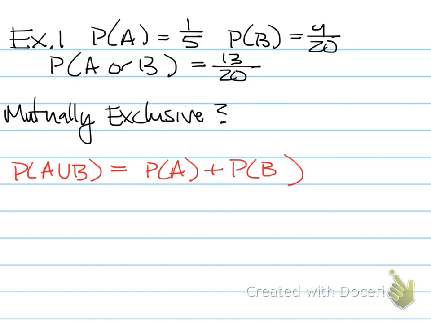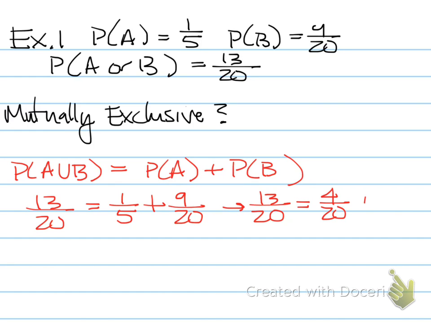Probability of A or B, we're told, is 13/20. Probability of A is 1/5, and the probability of B is 9/20. So we need to get a common denominator. 1/5 we can rewrite as 4/20. 4/20 plus 9/20 is 13/20.